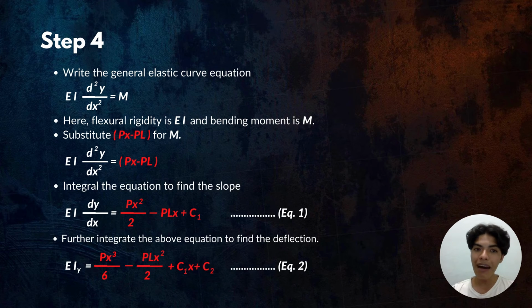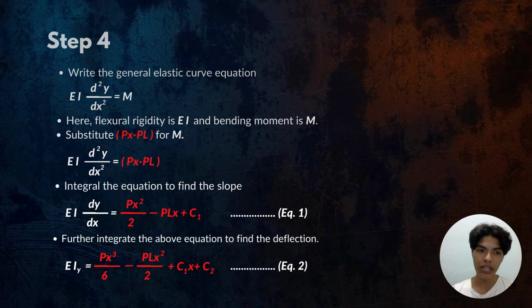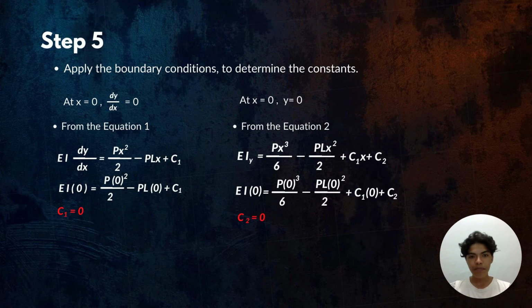Furthermore, we need to integrate the above equation, or equation 1, to find the deflection. So the right side of the equation will become Px cubed over 6 minus PLx squared over 2 plus C1x plus C2. And this equation will become our equation 2. So the fifth step is to apply the boundary conditions to determine the constants.